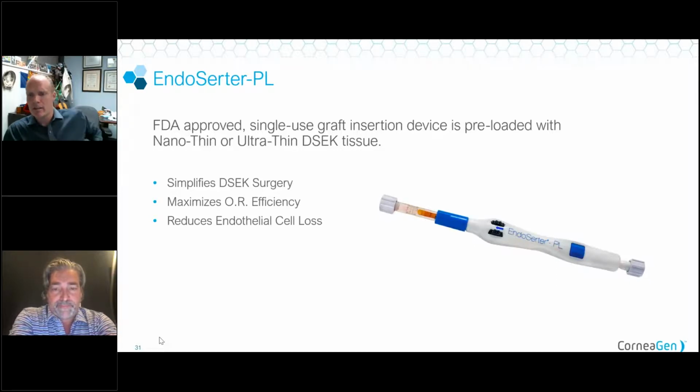And like you said, the barrier has been the cost, but with the preloaded, it all gets lumped together. I think the brilliant thing about your invention, Keith, you're not allowed to talk about the brilliant thing about your own invention, is the coaxial irrigation. You put it in there, and through one opening you have a maintained anterior chamber, and it's a very stable way to get the tissue into the eye, and it protects it while it goes through the wound.